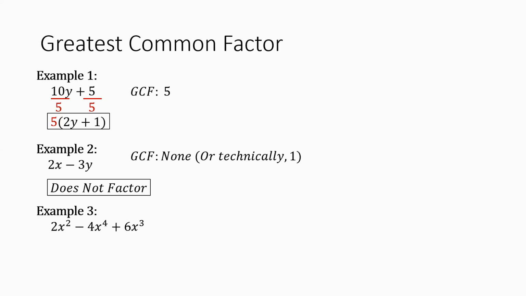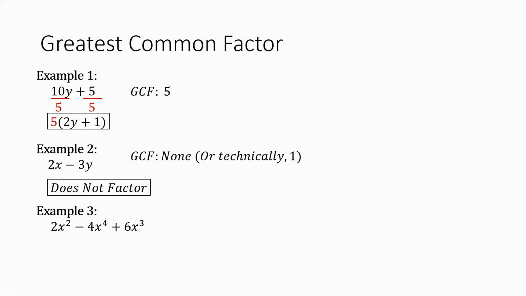What else can happen is maybe we have more than 2 terms. Maybe we have variables that are shared among different terms, and that's what's happening here in example 3. I look at every one of my terms, I see that 2 fits into 2, 4, and 6, and that there's no bigger number. So that is certainly the number that goes with my GCF. But I look at the terms and I see all of them have x's.